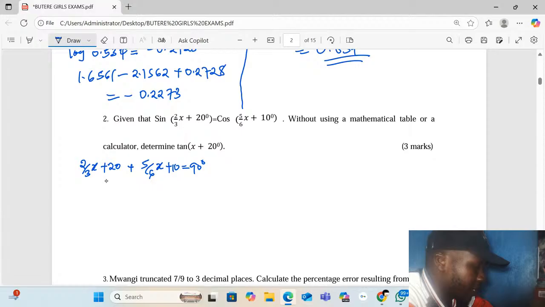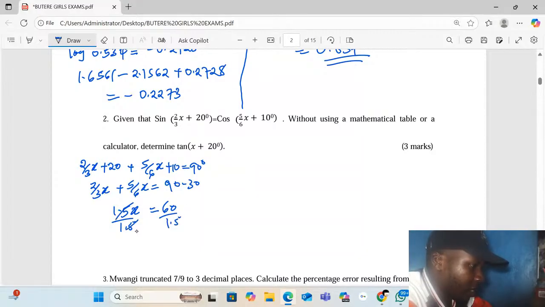Collecting like terms, 2/3 x plus 5/6 x equals 90 minus 30, so 1.5x is equal to 60. Divide by 1.5, so x is 40 degrees.